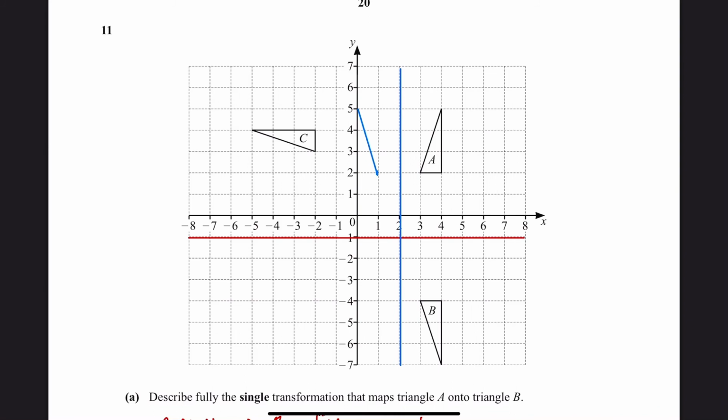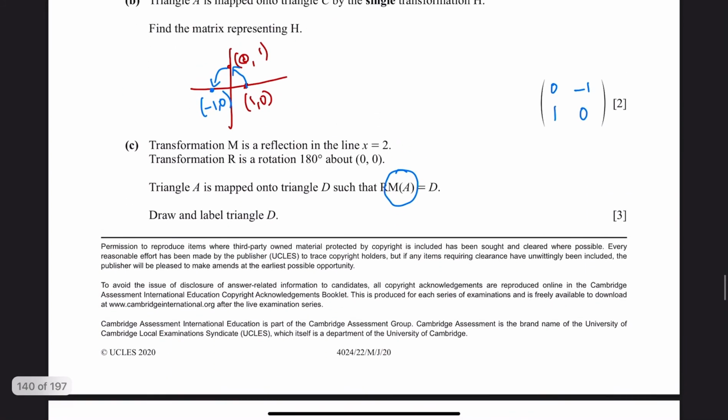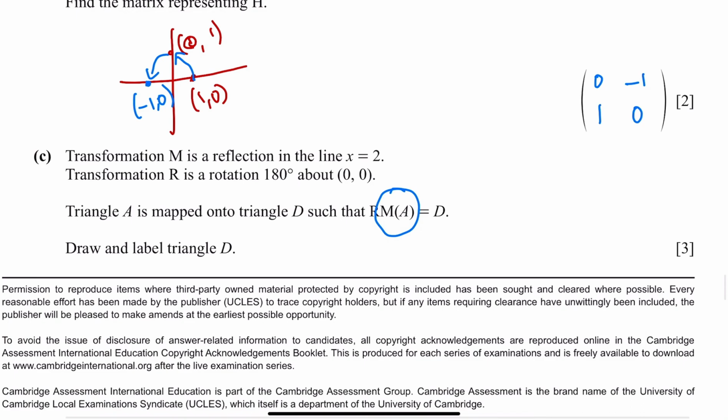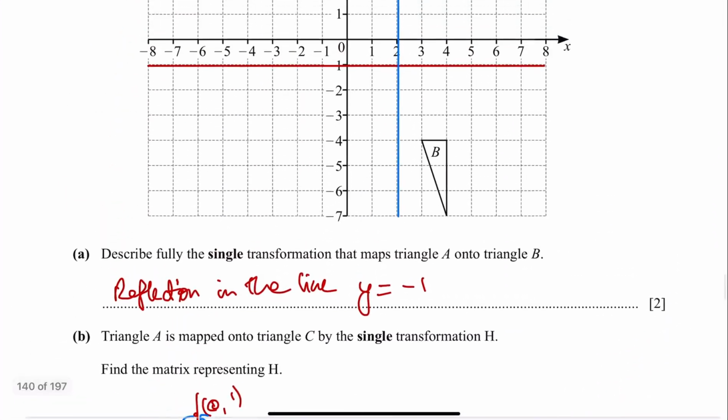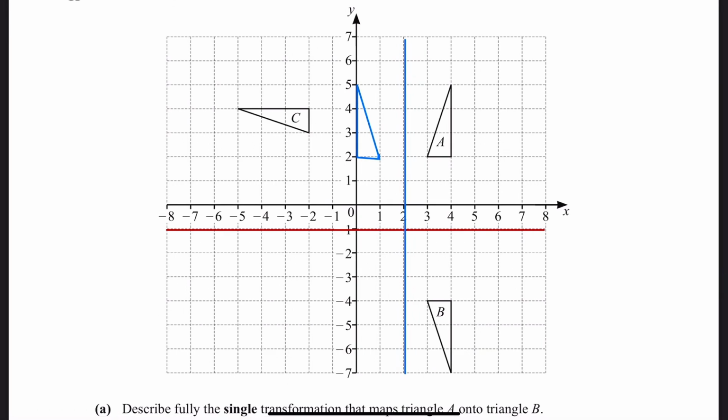Then, so now this is temporary. I don't want to label it because now I need to rotate it 180 degrees about 0 0. So when I rotate something 180 degrees about 0 0, what I need to do is count the distance from the center of rotation. I'm going to say that this is 1 2, this is 0 2, and this is 0 5.